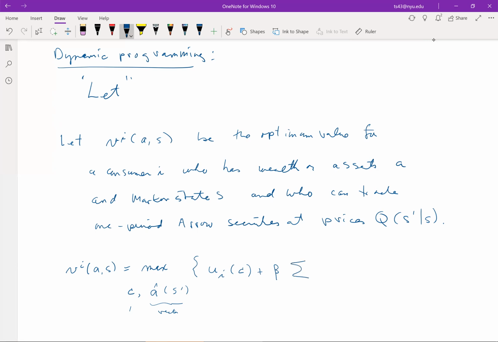And now tomorrow, I sum over tomorrow's state. I do V I. Now when I get to tomorrow, I will have wealth A prime of A hat of S prime, and I'll be there tomorrow. But I'm going to transit states.